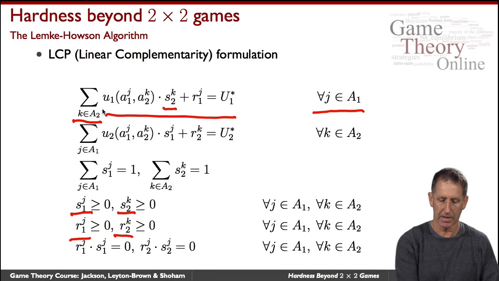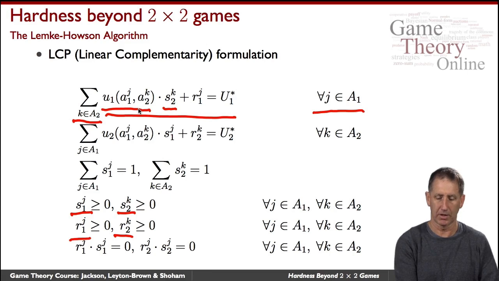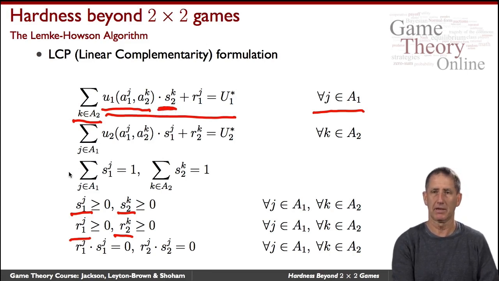We look at the payoff to player 1 given that he is playing a particular action J, and looking at that action of the other player, and normalizing it by the probability that player 2 attaches to that strategy A2.